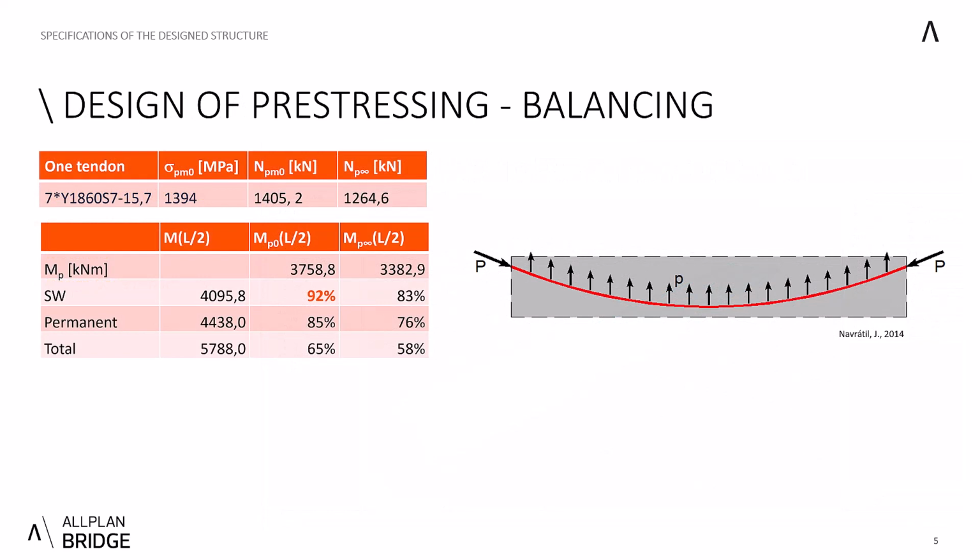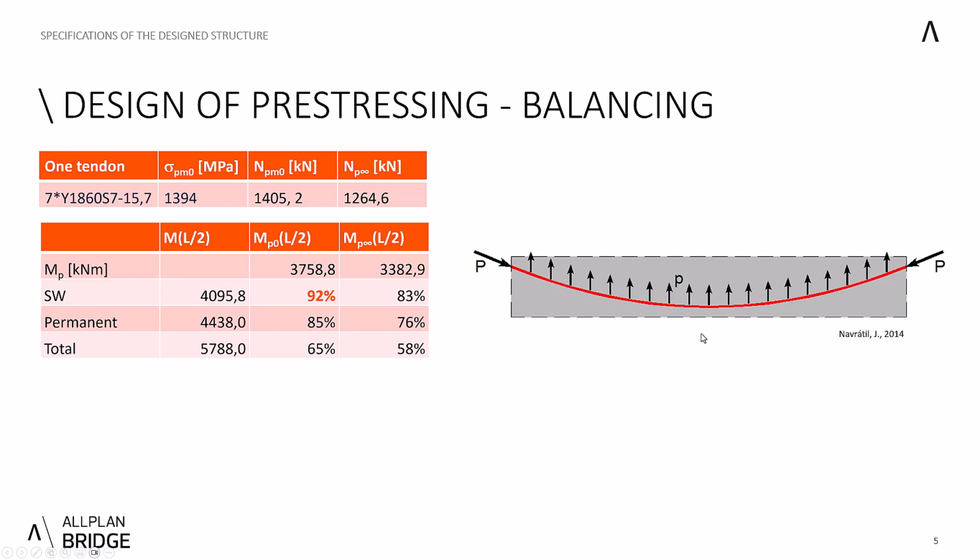The level of pre-stressing is a key factor in the design of a girder. For that reason, we need to tune the tendon geometry and the number of tendons. Considering the simple beam, the geometry is clear, a parabola with a potential straight line in the middle.